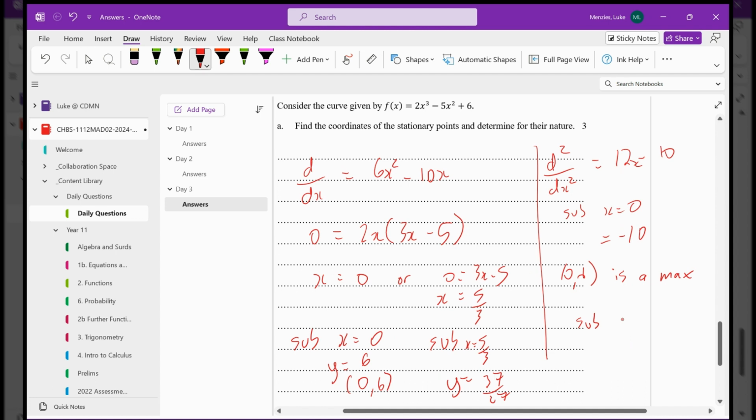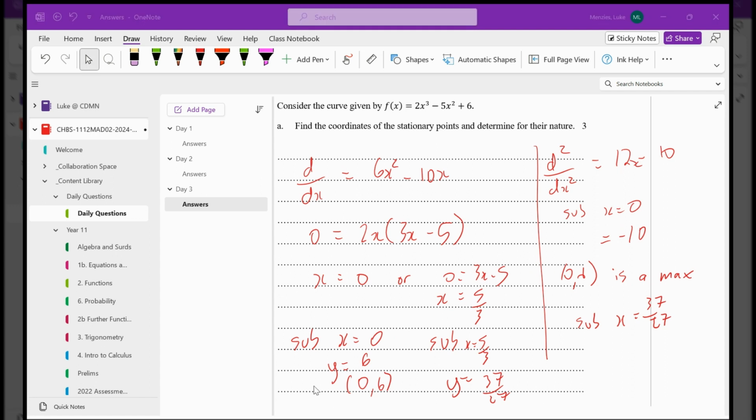and we can do the same thing when we sub in x equals 5 on 3. When we do that, we get that it is greater than 0. So how do we know that? You can put it into your calculator. Take my word for it.